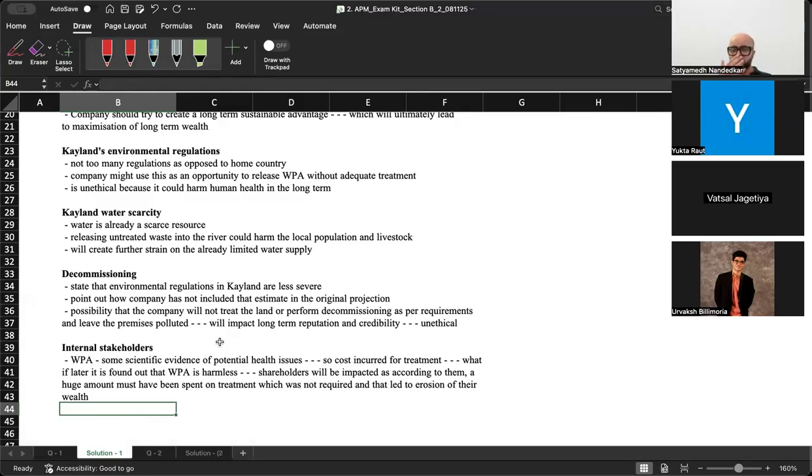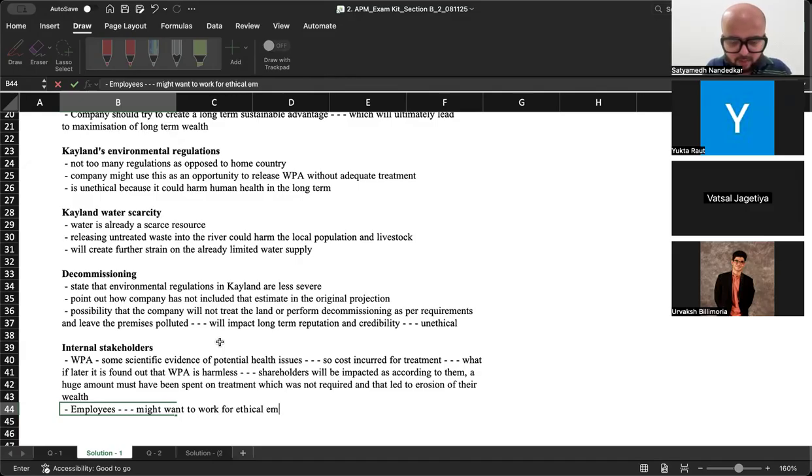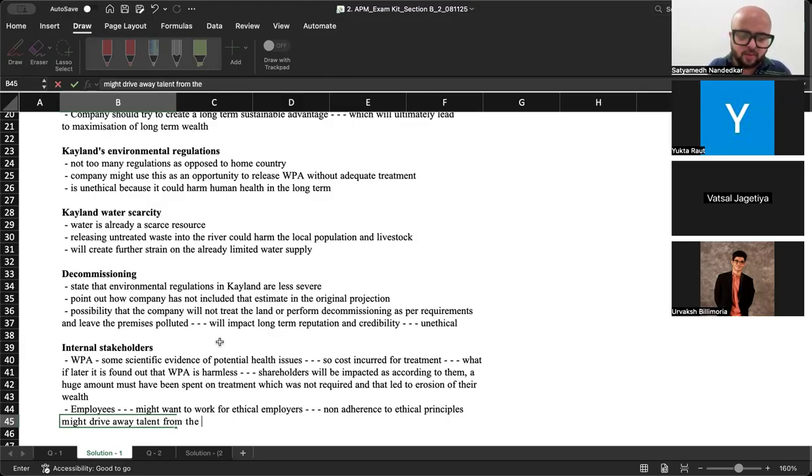So you point out that particular issue to the shareholder, you point out that counter view also, and talk about employees might want to work for ethical employers, and non-adherence to ethical principles might drive away talent from the company.